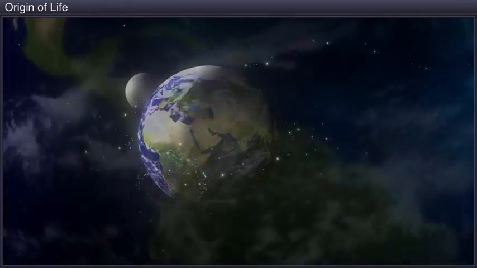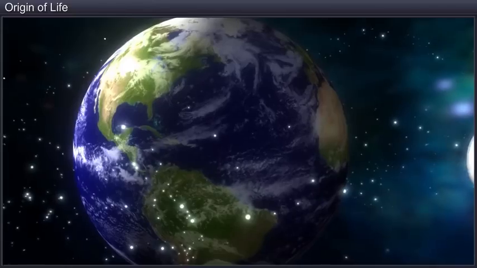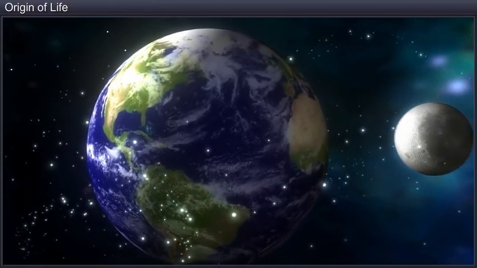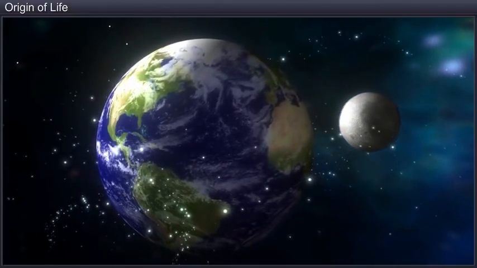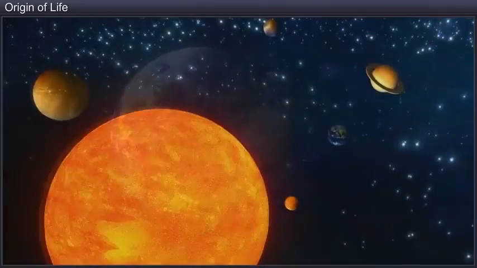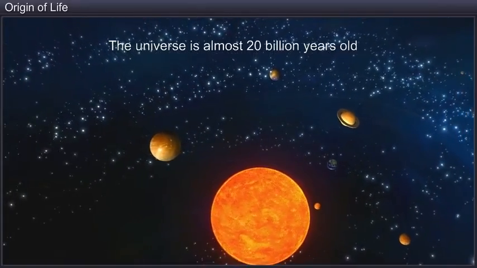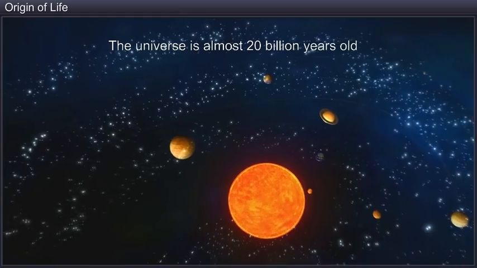The origin of life forms, or biodiversity, is interlinked with the evolution of the Earth, which is again closely associated with the evolution of the universe. The universe is vast, comprises many galaxies, and is almost 20 billion years old.